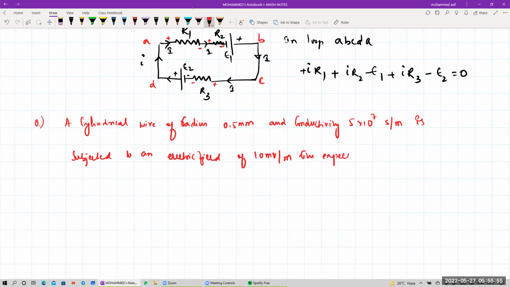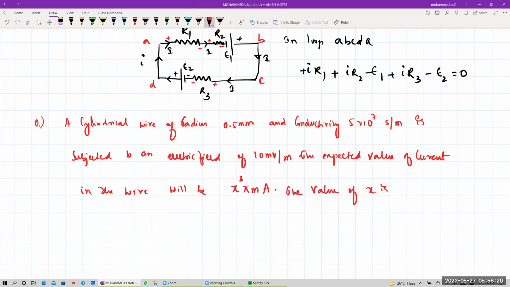The expected value of current in the wire will be x cube pi mA. The value of x is... integer type question.